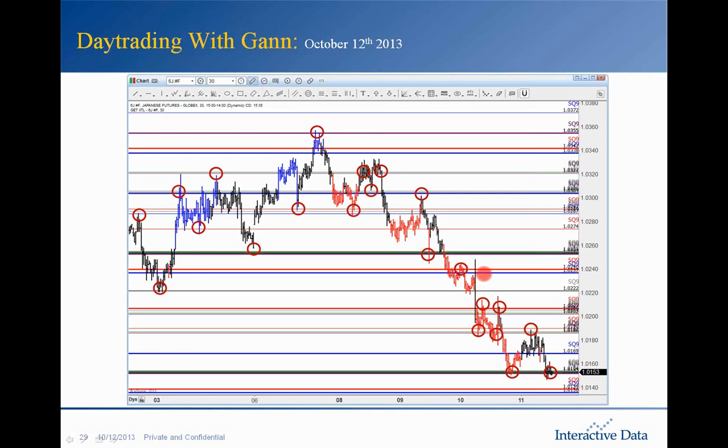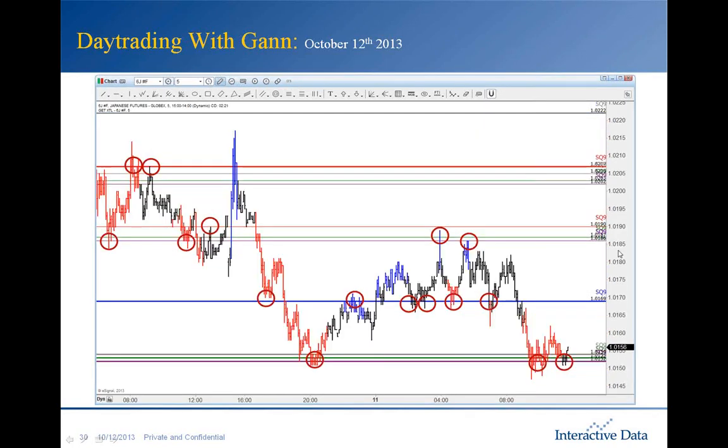Now, this is a 30-minute chart. Can we do anything with this? Well, if we want to trade the 30-minute chart, we have enough information to do that. But what happens here if we want to trade something a little smaller? Let's come down to a 5-minute chart. For somebody who's day trading, look at the relevance. Those same levels that we charted on the 30-minute time frame, there they are on the 5-minute.